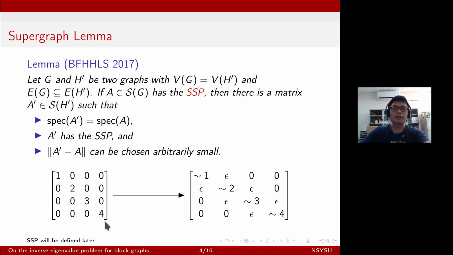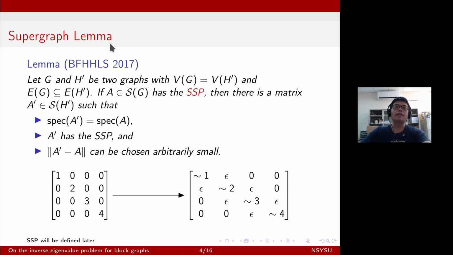We may start with a diagonal matrix whose spectrum is 1, 2, 3, 4, and do some perturbation that preserves the spectrum such that it creates some more non-zero entries. So here it just means it is somehow very close to 1, very close to 2, and the epsilons are non-zero numbers. And if we can do this, then basically we answer this particular question.